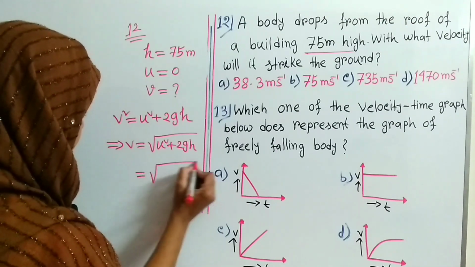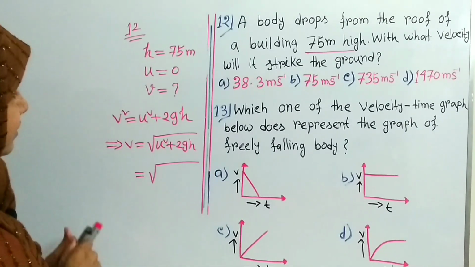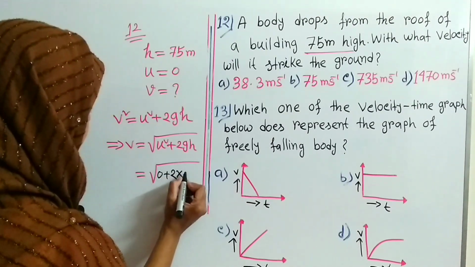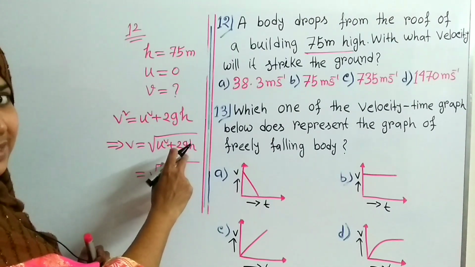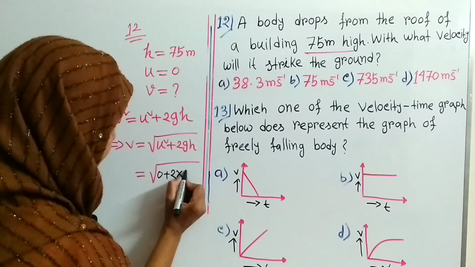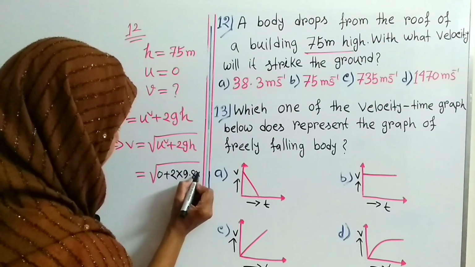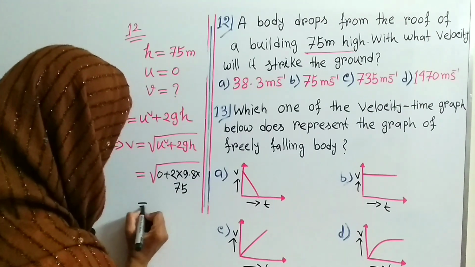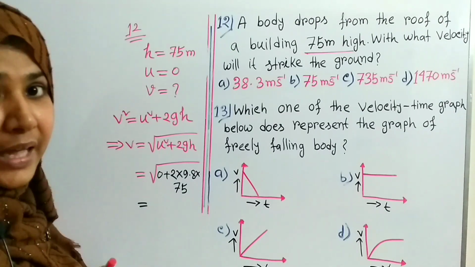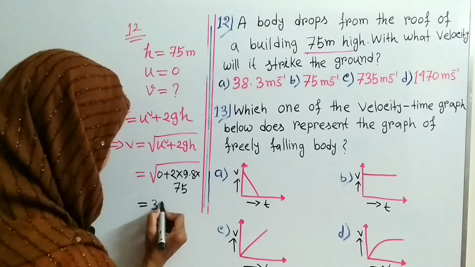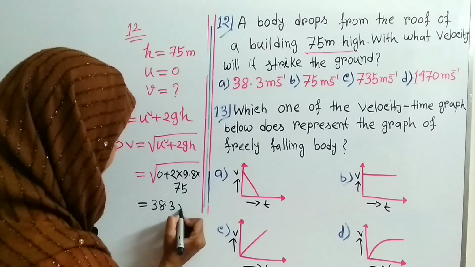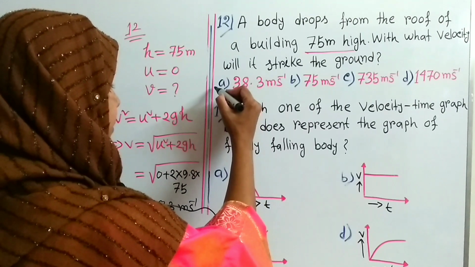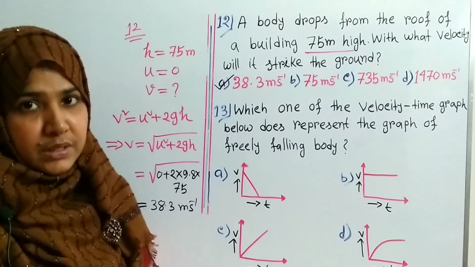Now the value of u is 0, plus 2 into, you know that the value of g, acceleration due to gravity, is 9.8, into h is 75. So after calculating it, you will get the answer 38.3 meter per second. So we can say that option A is the correct one.